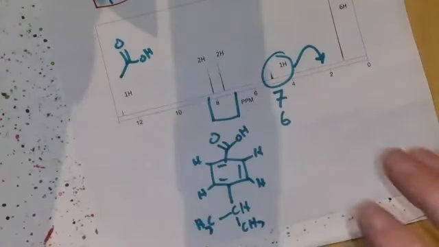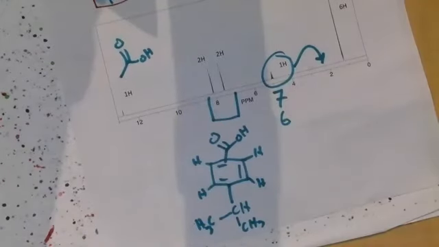So chapter 21 is all about enols and enolates.